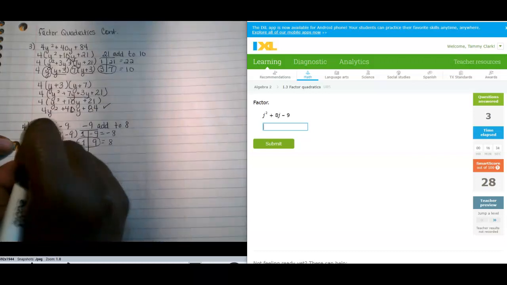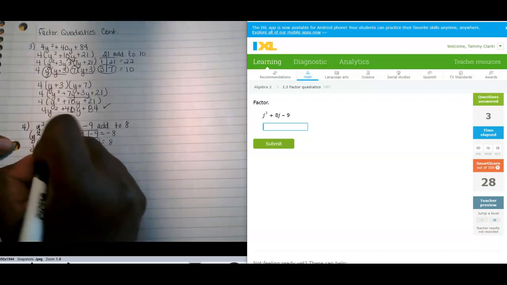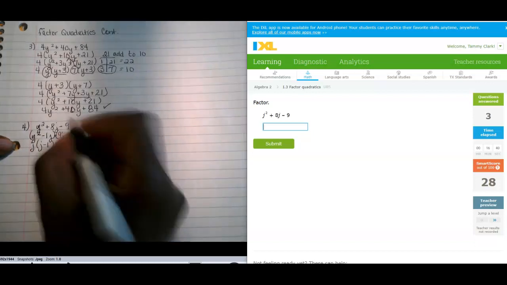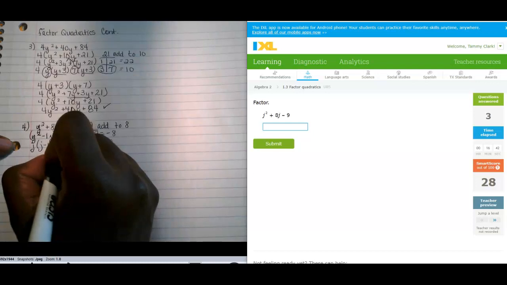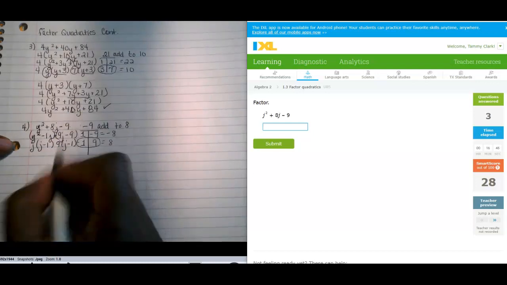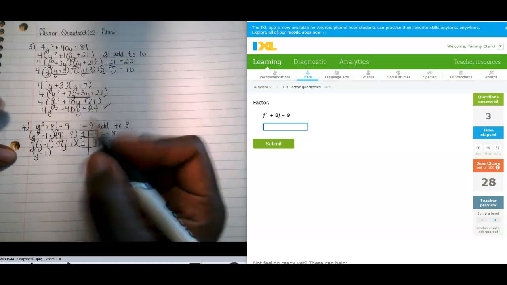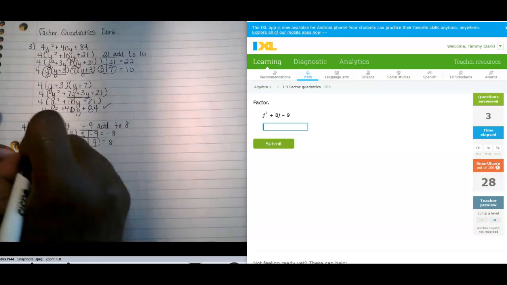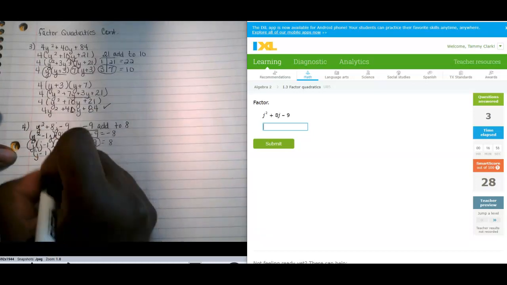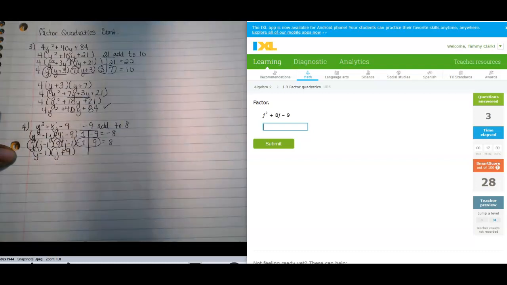Well, we can pull out a j because it's common to both, and we're left with j minus 1. Here, we can pull out a 9, and we're left with j minus 1. So, again, j minus 1 becomes one binomial, or one factor. The other factor is j plus 9. And we're done.